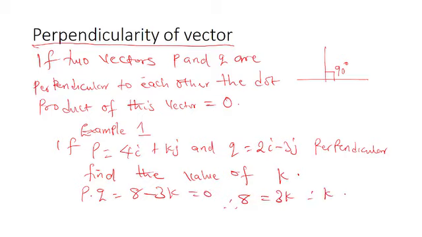Now the value of our k will be equal to 8 over 3. Now if the value of k is equal to 8 over 3, then that is to show that both vectors are perpendicular to each other. Now I'd like us to move further into solving example 2.